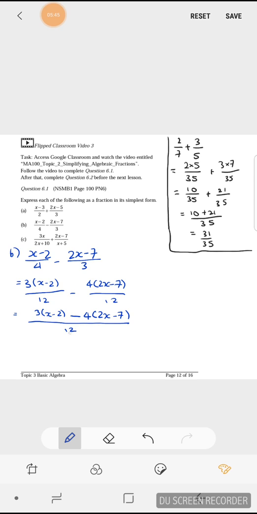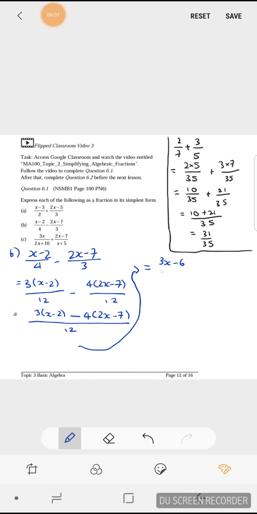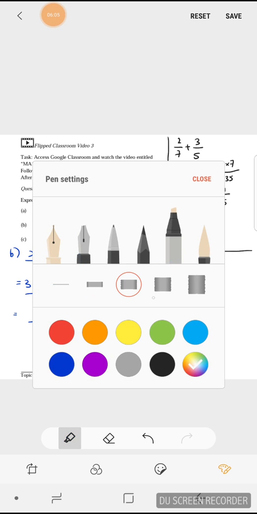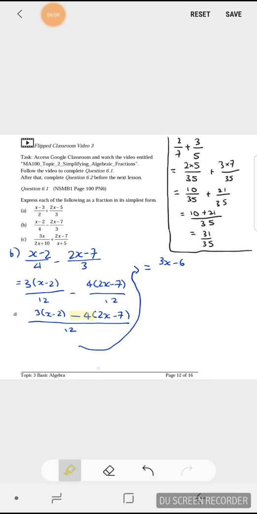Now, this is the part where you have to be careful because this is something that you've learned in expansion. I'm going to carry on here. From here, you expand 3(x minus 2), so you get 3x minus 6. And then, the next part, you must pay attention that this is negative 4.